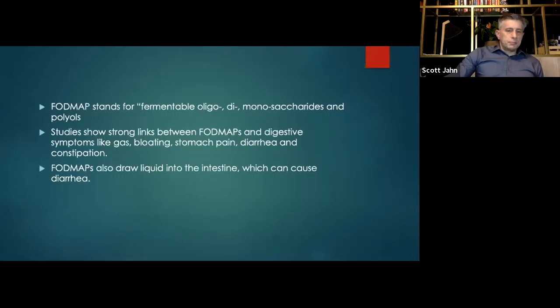So I'm going to give you some examples, but there's a big list of foods to eat and foods to avoid on a FODMAP diet, so that you're not feeding the bacteria. The idea is to try and starve them out. And when we're on a FODMAP diet, we're going to notice a big change in that gas and bloating.